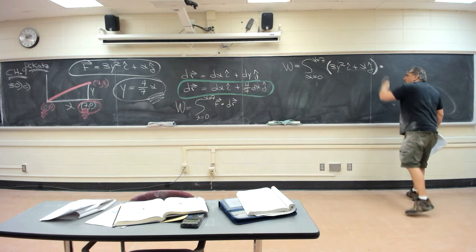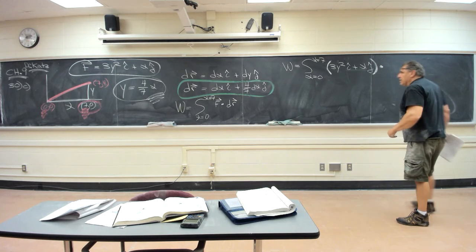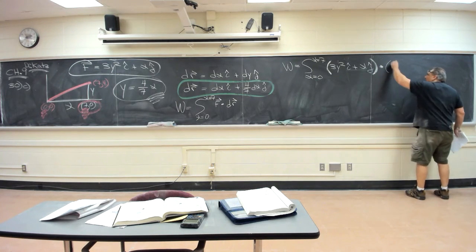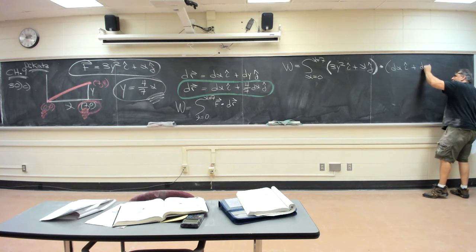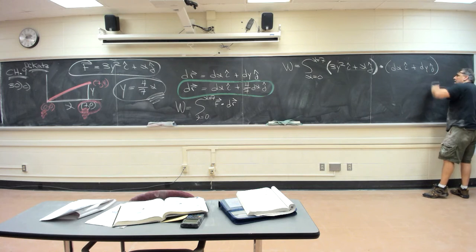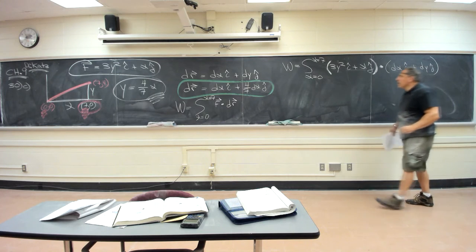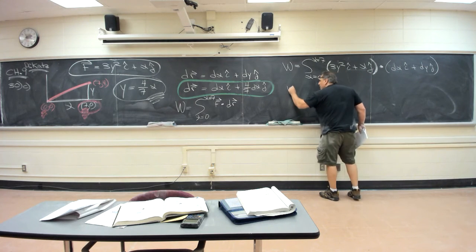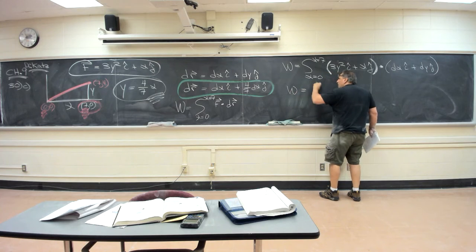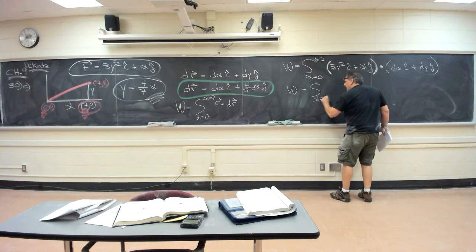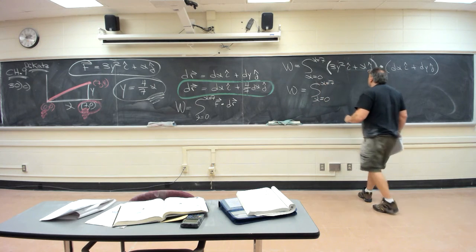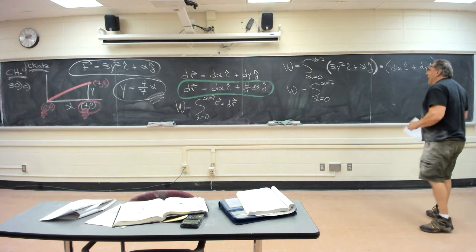Dot dr vector. Dr vector is dx i hat plus dy j hat. Here goes. Integral from x equals 0 to x equals 7. Watch out. Now, what did we say?